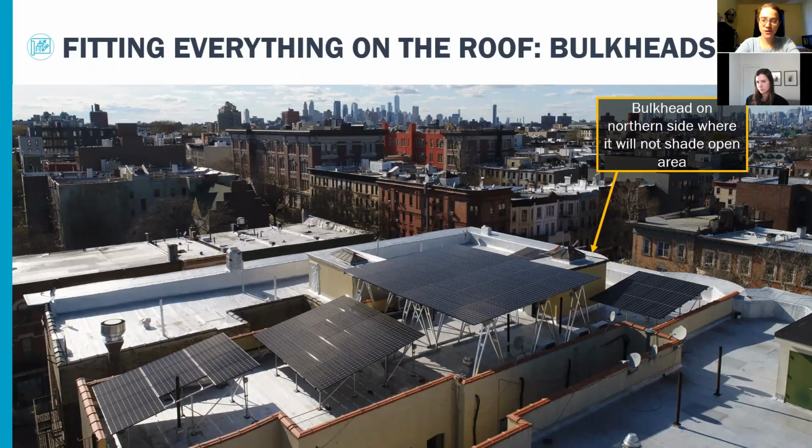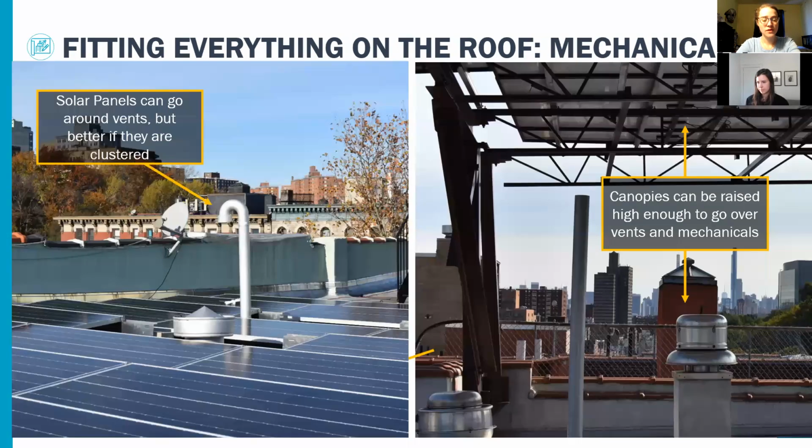I think I've said this before, but bulkheads on the northern side make a big difference, and you can see that here. You can arrange solar panels around vents and mechanicals, or canopies can be raised above vents and often mechanical equipment.